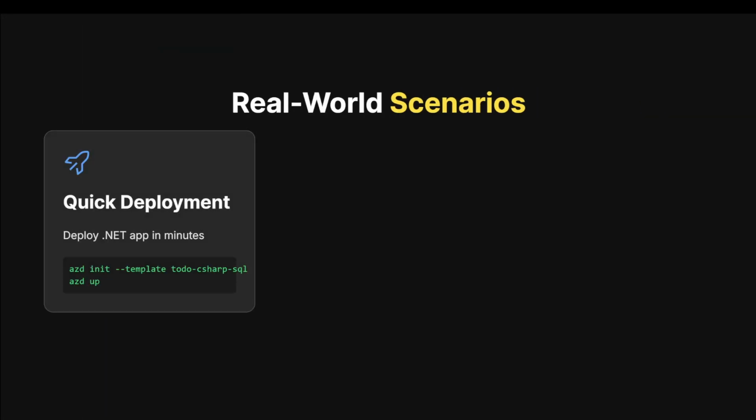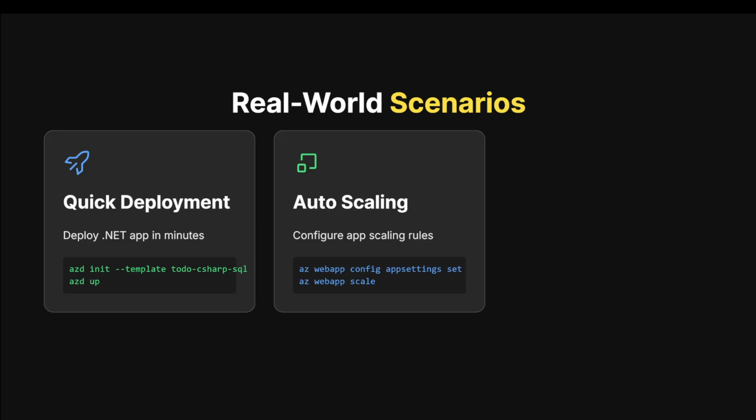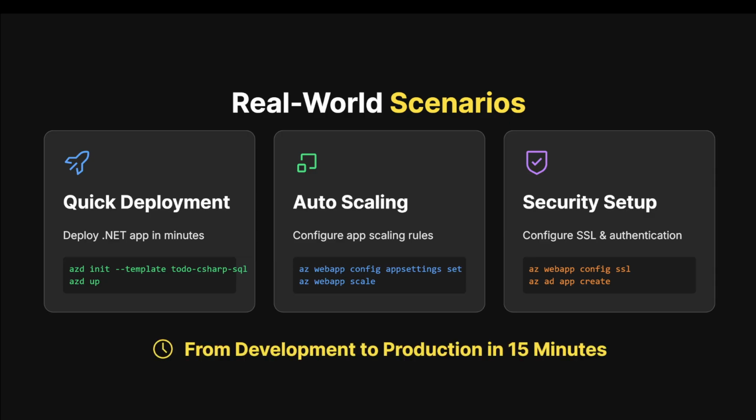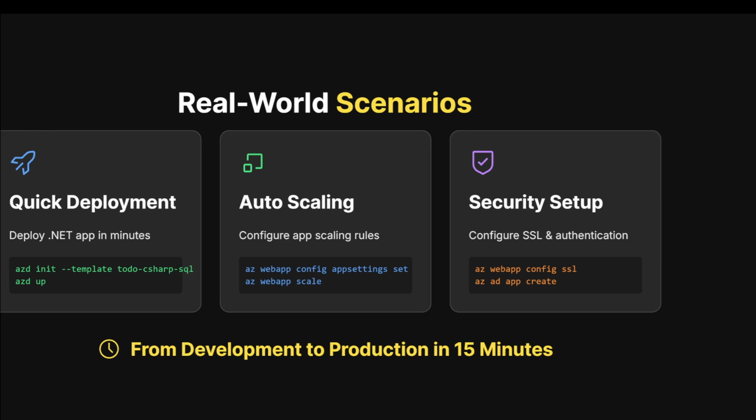So in a real world scenario, you might have a quick deployment. So this is how you may do it: a quick to-do app, and then you want to send it into Azure. Very simple, using the command, the developer CLI. So this is also where you want to configure some stuff, and then this is where you want to set up some stuff. So you can always use the CLI to do things from your terminal without even looking into the portal, right?